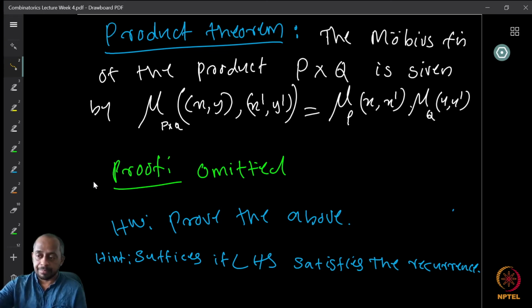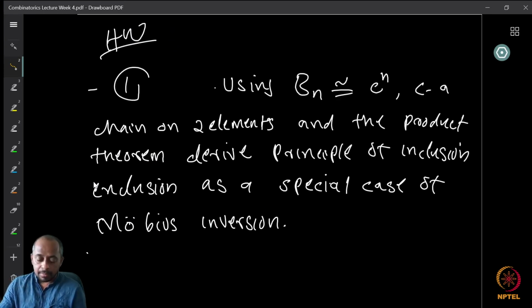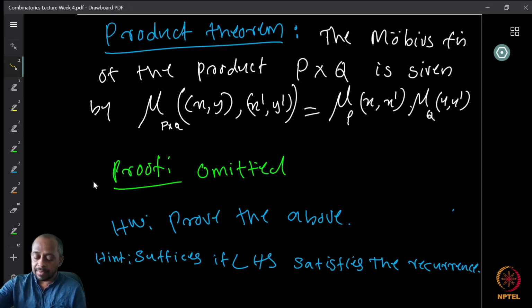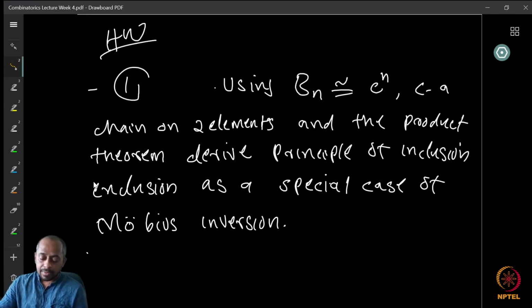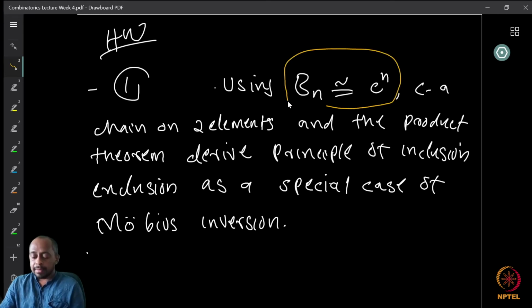Okay, so how to use this? Well, again, I'll give you this as a homework. So we already asked you to prove that the Boolean poset Bn is isomorphic to the nth power of a chain on two elements, right?